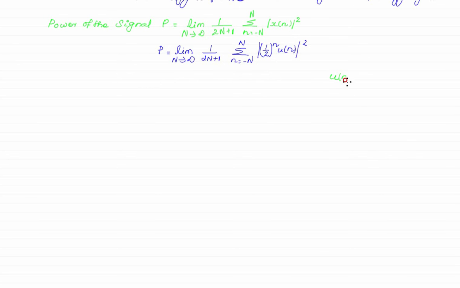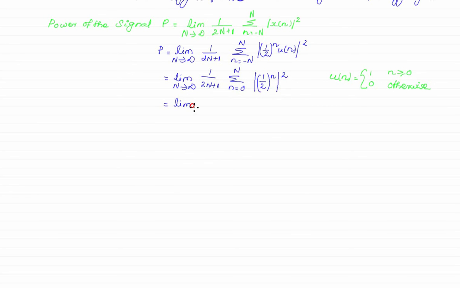We know that the unit step sequence has values when n is greater than or equal to 0, and 0 for the negative values of n. Because of the unit step sequence, we take the summation n is equal to minus n to n as summation 0 to n.